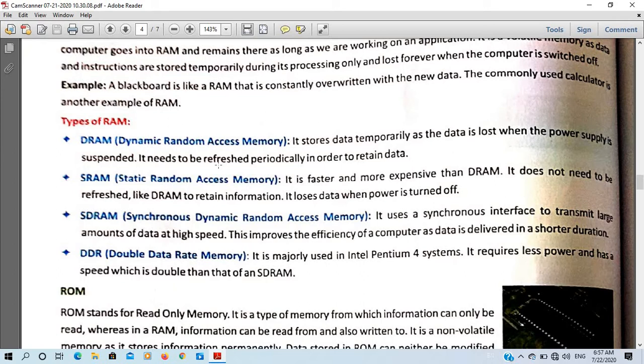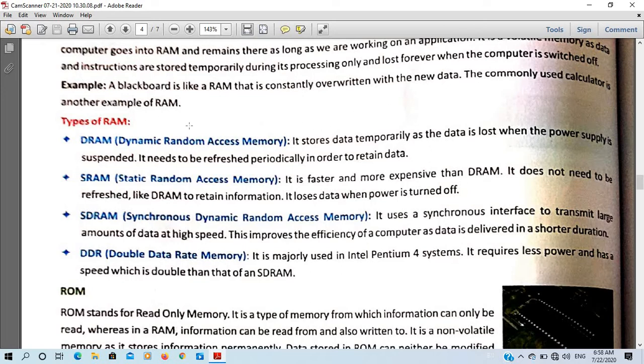DRAM stands for dynamic, and it provides fast access, but it needs to be periodically refreshed. When the power supply is suspended, the data gets erased and lost.